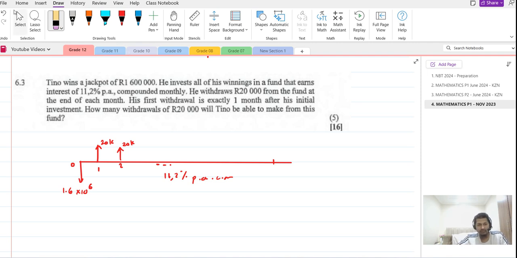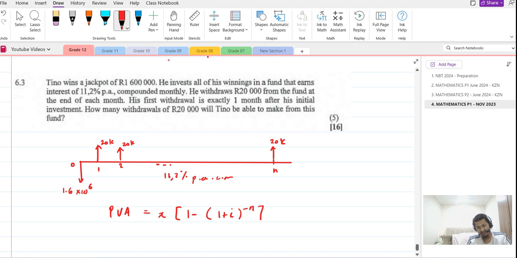Now, solving this problem, suppose he makes n withdrawals, right? So we need to use the present value annuity formula, which is x into 1 minus 1 plus i to the power negative n, all over i.